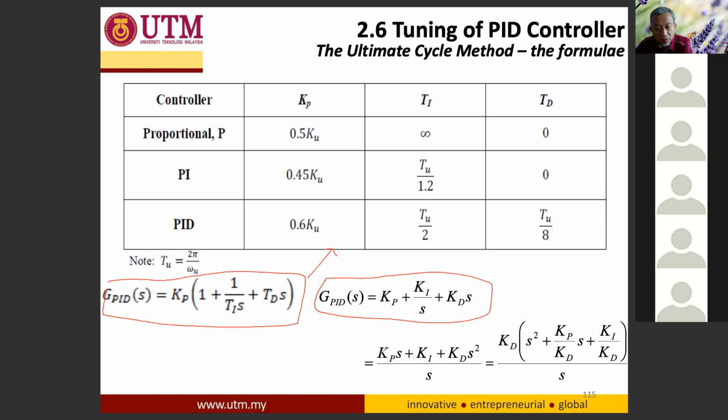If we simplify, it will become Kd times (S squared plus Kp divided by Kd, a ratio for the S, and then Ki over Kd).